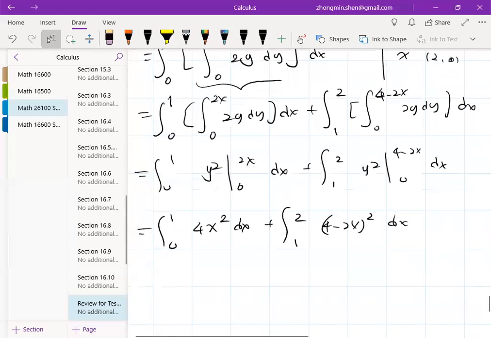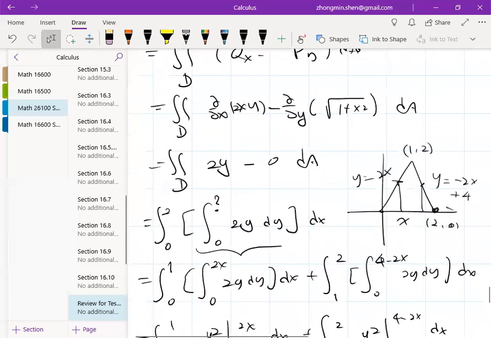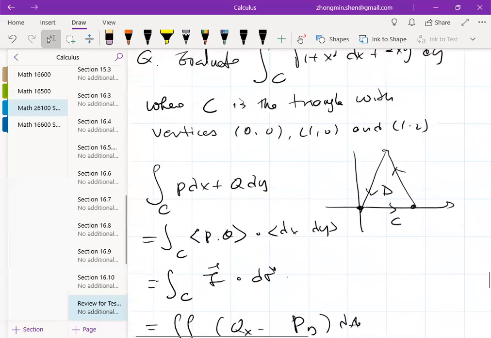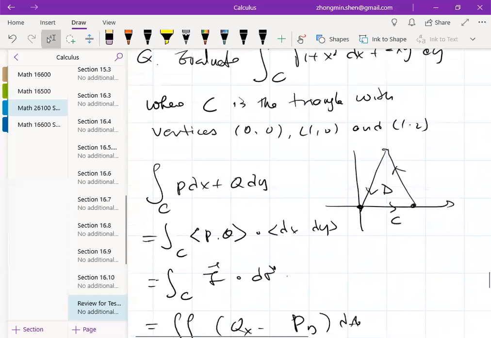Oh yeah, the problem is from the book, but I did not write down the exact numbers. It's not the same problem. The triangle has different vertices; I just randomly picked the points. So (0, 0), (1, 0), and (1, 2). Oh, that was 2 here, sorry.